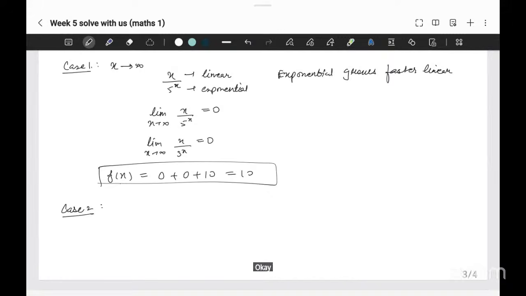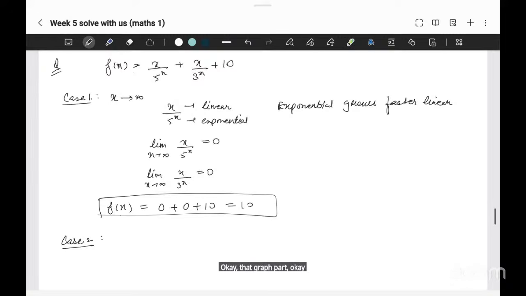Okay, if you're going with the graph, I'll see the graph part later on. Maybe go with this theory part.